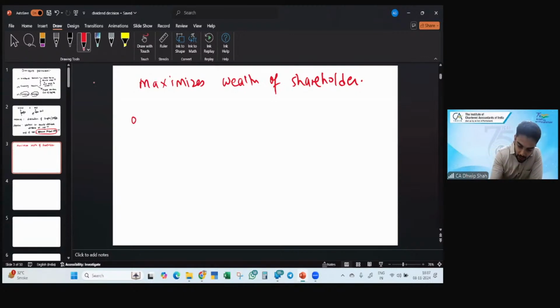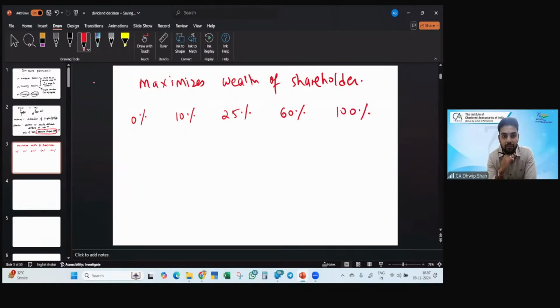So does 0% of dividend create maximum wealth, or 10%, or 25% of dividend distribution? Similarly, 60% of dividend distribution will create maximum wealth, or 100% of dividend distribution will create maximum wealth.